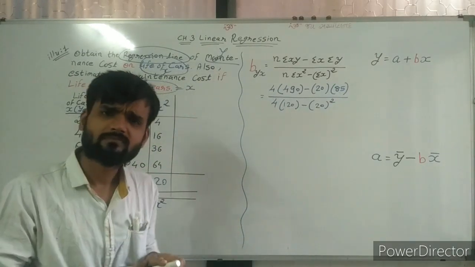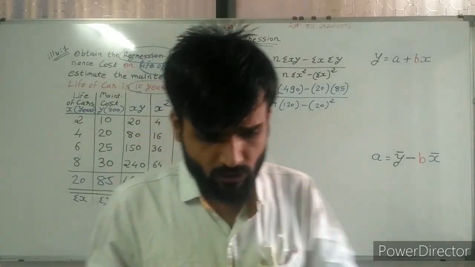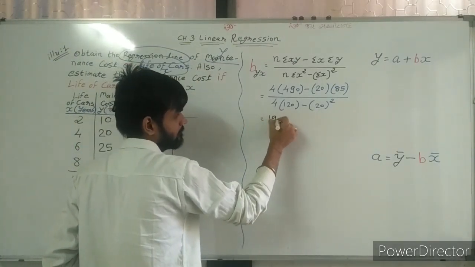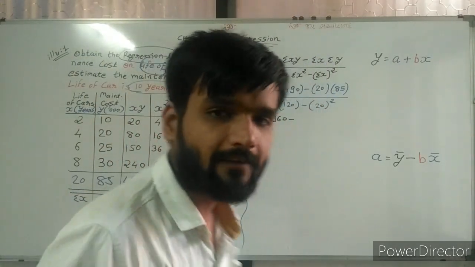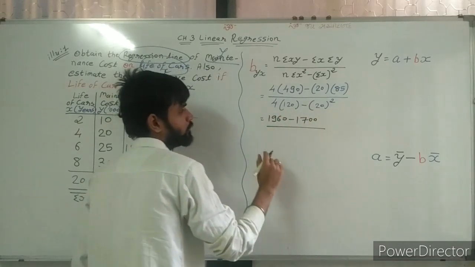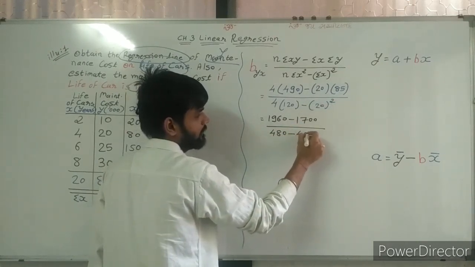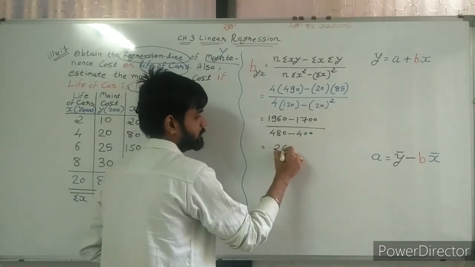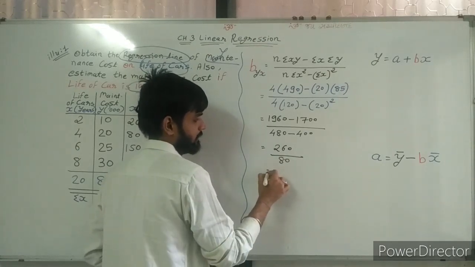Now solve the sum in your calculator. 4 into 490 is 1960. 20 into 85 is 1700. 4 into 120 is 480. 20 square is 400. 1960 minus 1700 is 260. 480 minus 400 is 80.